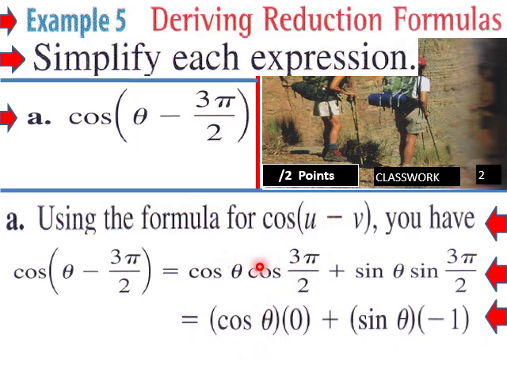When we work through this, cosine of 3 pi over 2 is 0, and sine of 3 pi over 2 is negative 1, so sine theta times negative 1 gives us negative sine theta for this situation.